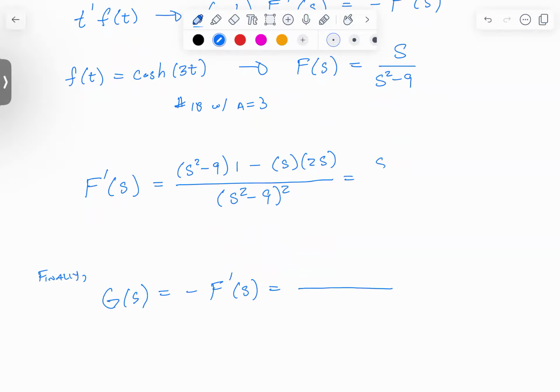So we get 2 s squared minus 9 minus 2 s squared, so negative, which becomes negative s squared plus 9 over s squared minus 9 squared. Multiplying that out, I already have a negative in here, so negative of that just becomes the positive.